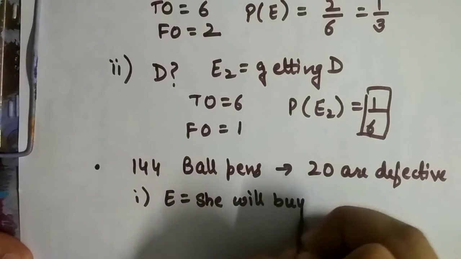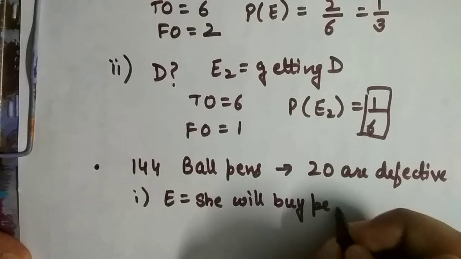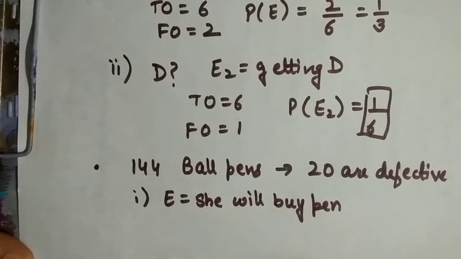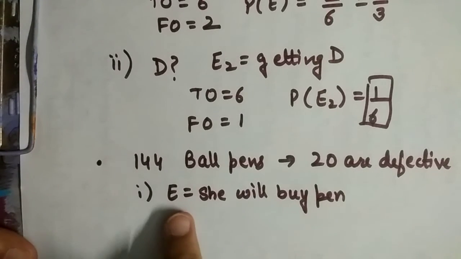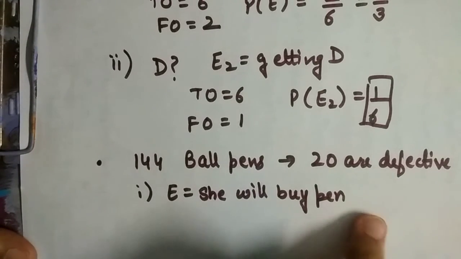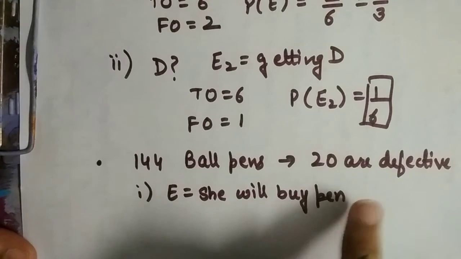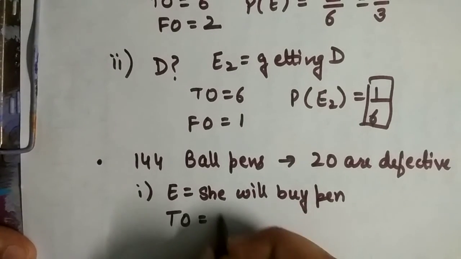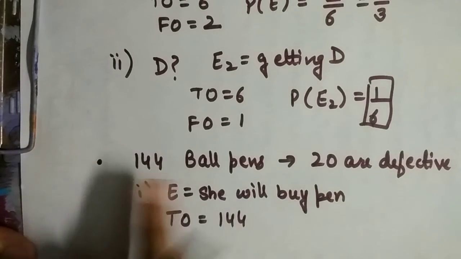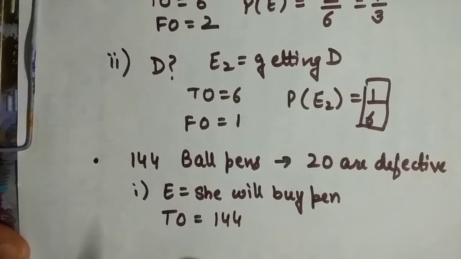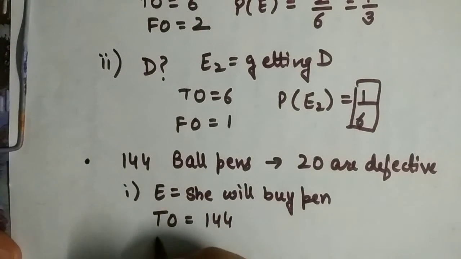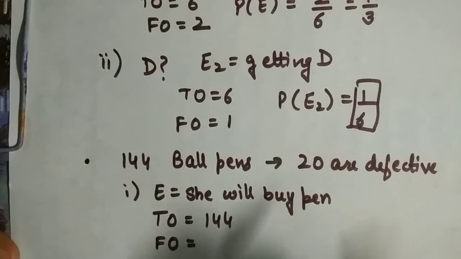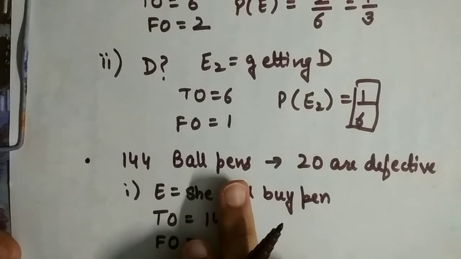And when will she buy the pen? When it would be good. When it would not be defective, then she will buy the pen. So it means we have to find the probability that the pen is not defective. So total outcomes 144 because there are 144 ball pens. And favorable outcomes, how many pens are not defective?